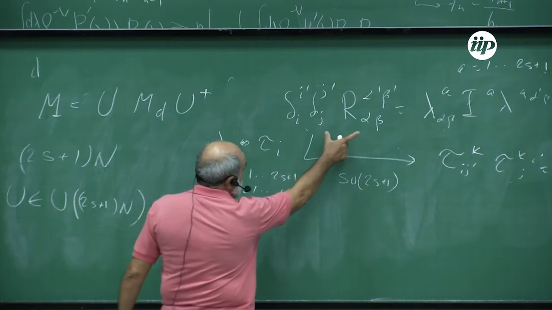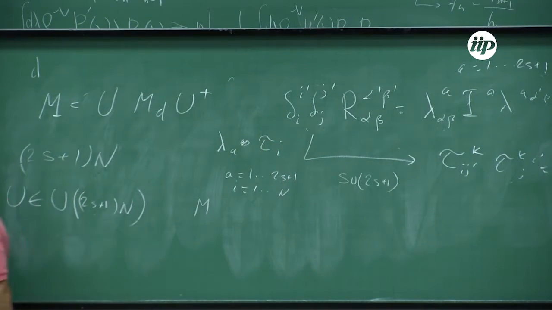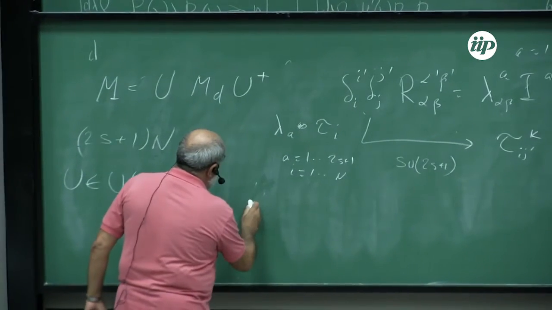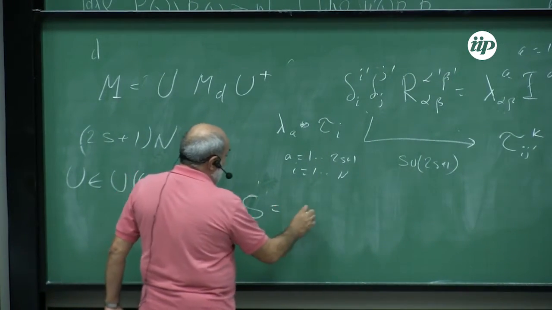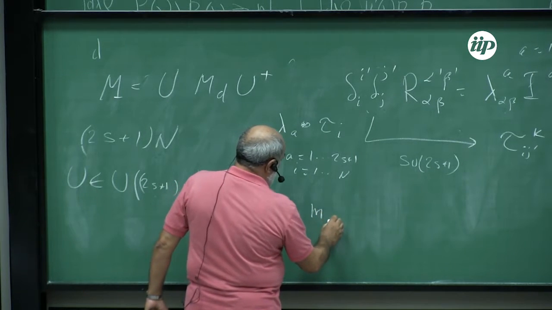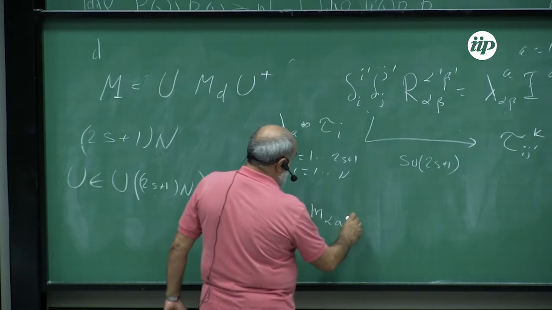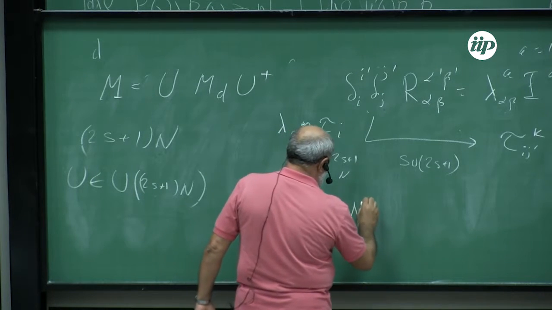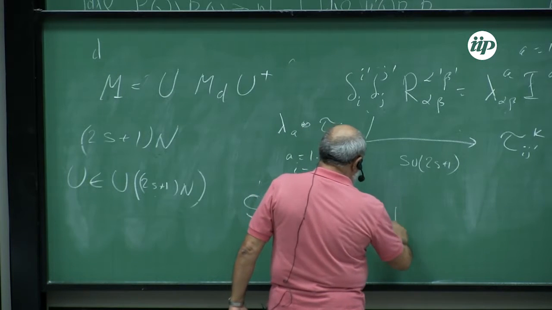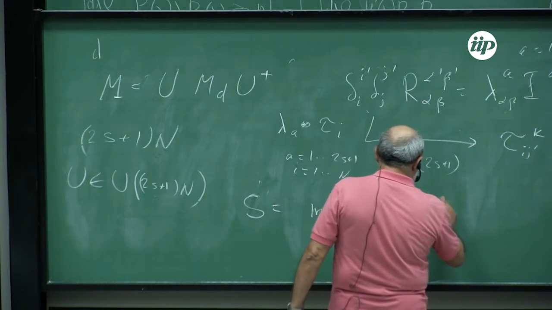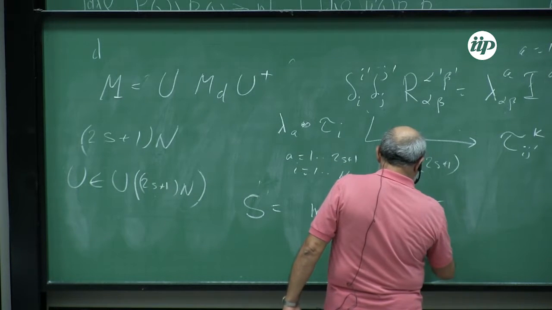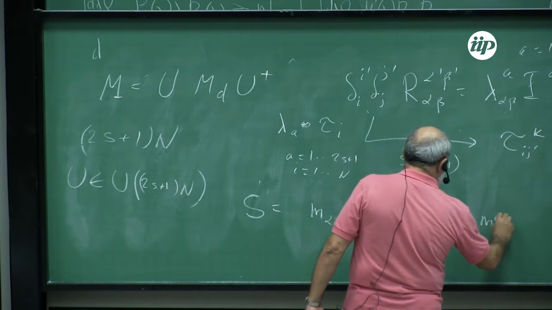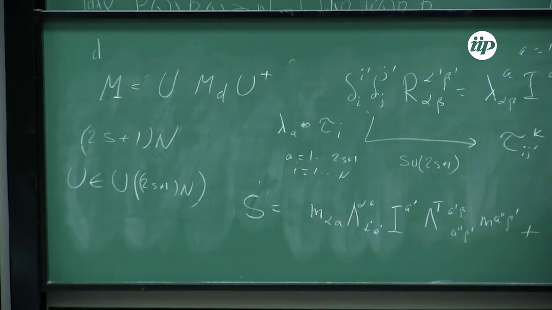Then if you plug this definition of the R matrix in between this M, after some trivial algebra, you will write this action as M alpha I, A, some lambda alpha A, alpha prime A prime, I A prime, lambda transposed A prime beta, A2 prime beta prime, and M A2 prime beta prime, plus the same function from a diagonal.